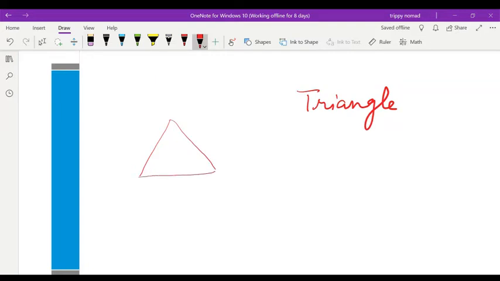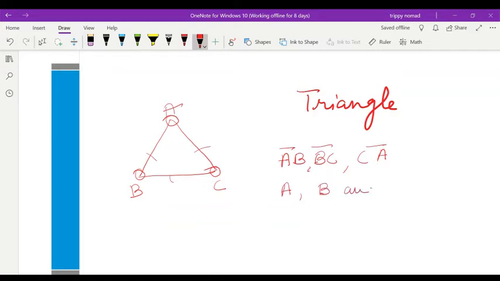Or this is a polygon made up of three sides, three line segments. And these are called vertices, three vertices. So how many line segments? AB, BC and CA, three. And vertices A, B and C, three vertices.